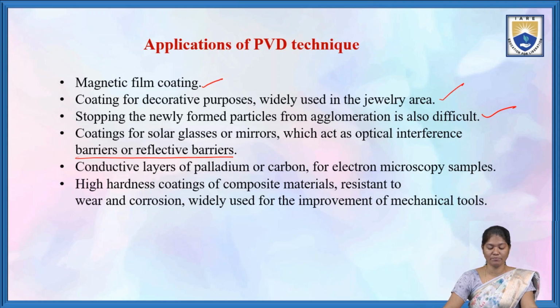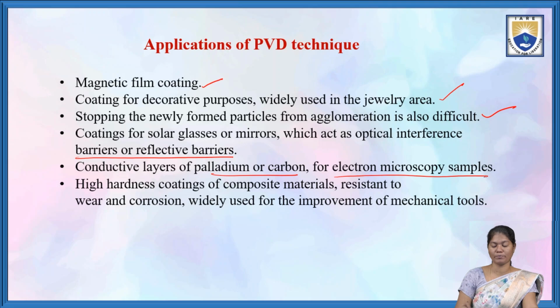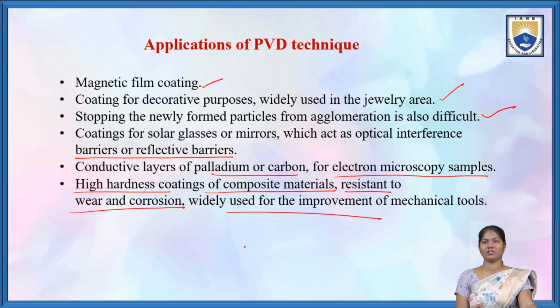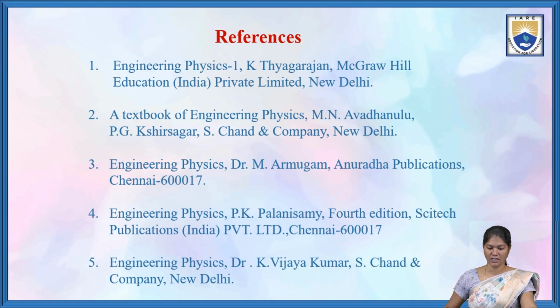Conductive layers of palladium or carbon are used for electron microscopy samples, and high hardness coatings of composite materials, resistant to wear and corrosion, are widely used for the improvement of mechanical tools. These are the applications of the physical vapor deposition technique.